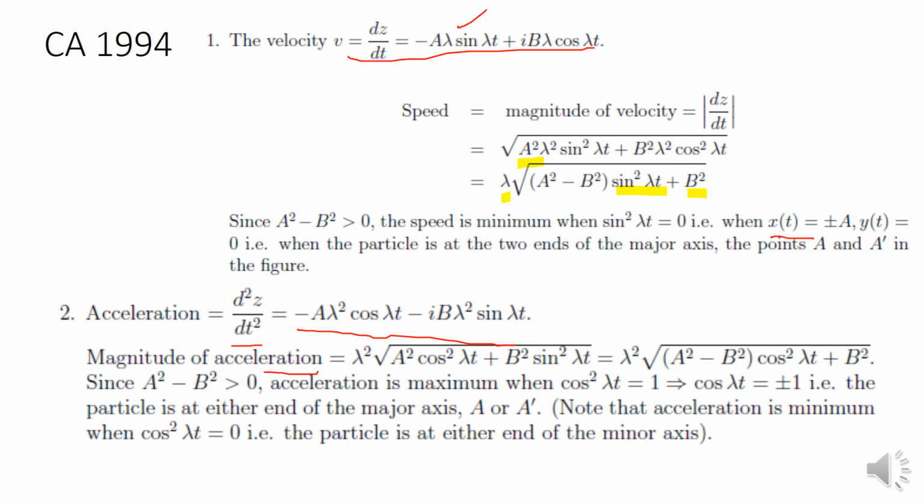You know how to do it: if the point is x plus iy, the magnitude is the square root of x square plus y square.